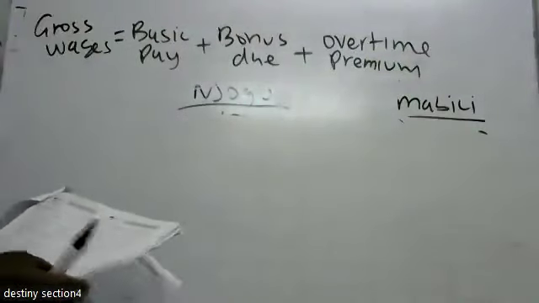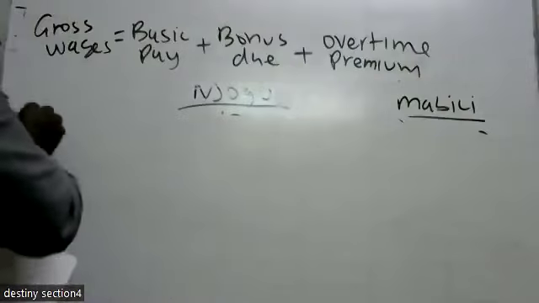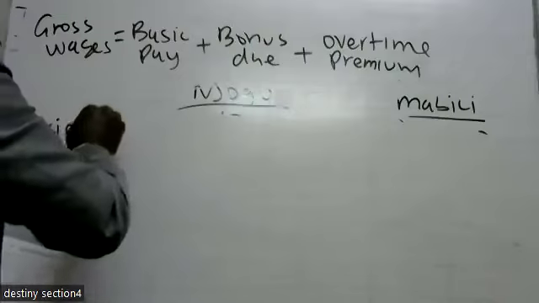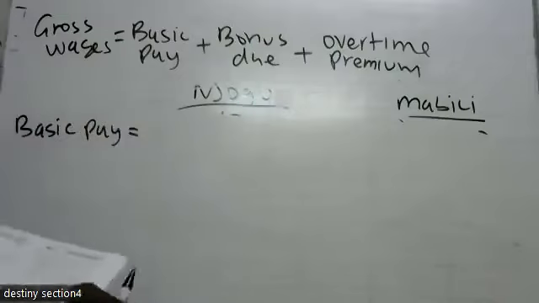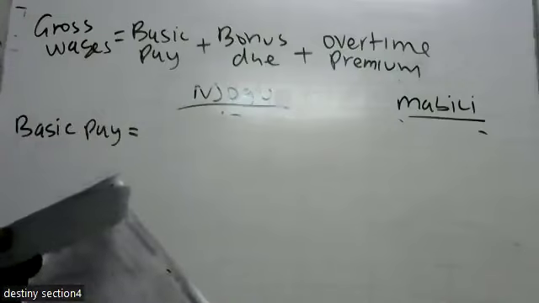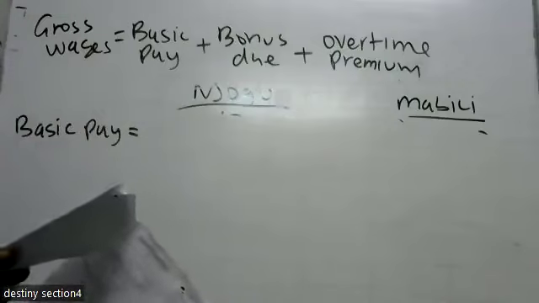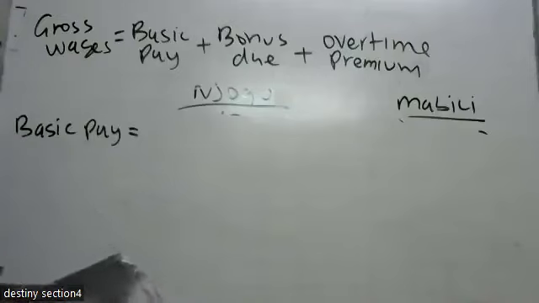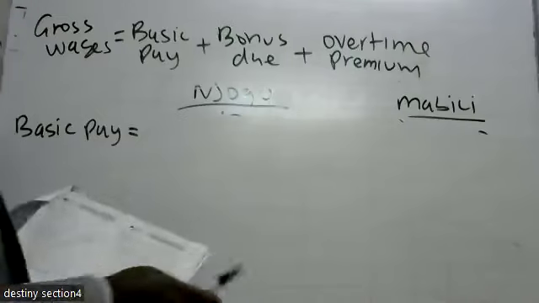So we start off with the basic pay. For basic pay, we got the note number 5. The basic working week has got how many hours? 8 hours.